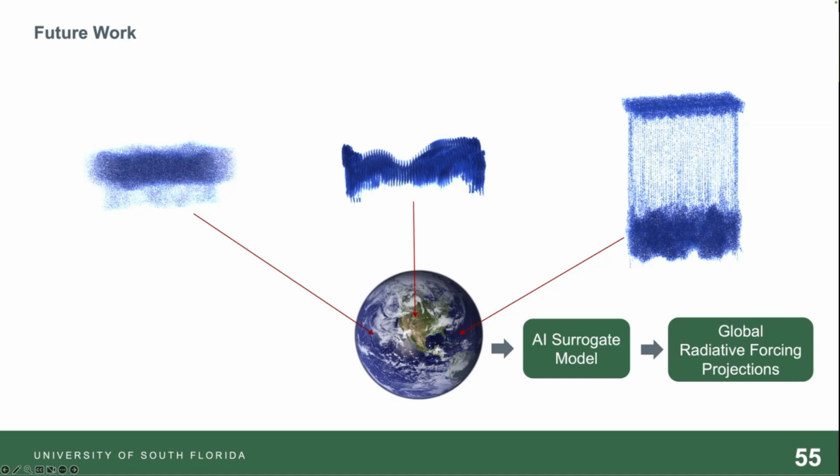We can then train an AI surrogate model, for example, thus bypassing all the computational effort needed for actually running the simulation in Meso-NH. From that, finally, we will be able to deduce the radiative forcing projections for the ammonia case.